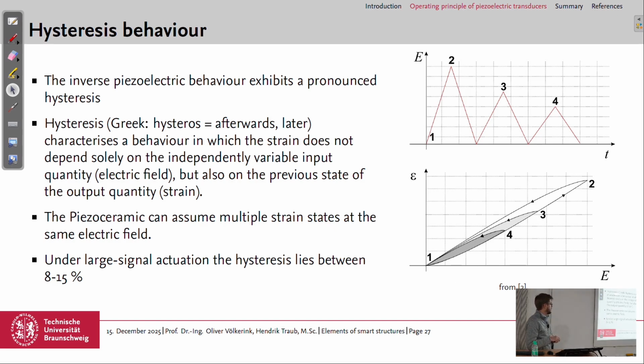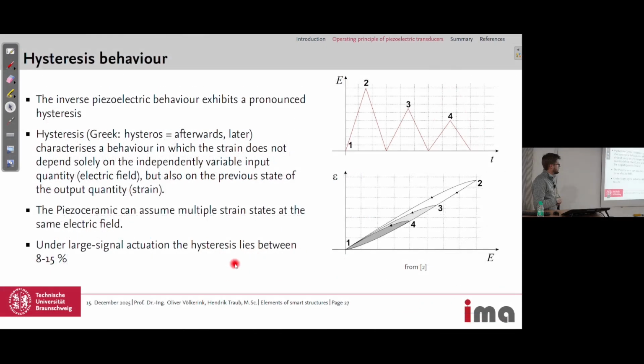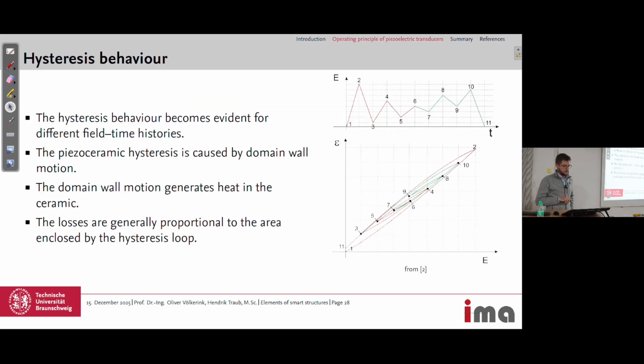And under large signal actuation, the loss in the hysteresis lies between 8 to 15% of the energy we put into the material due to the electric field.